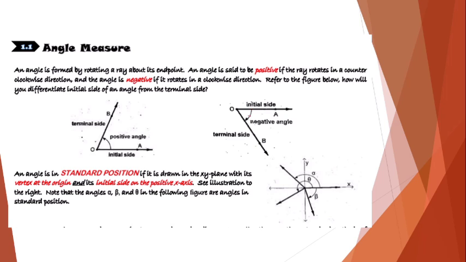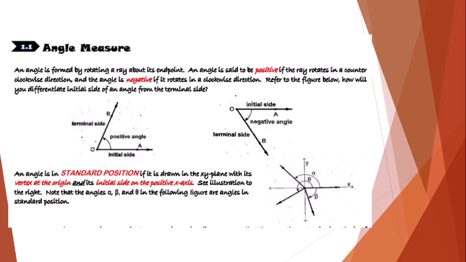Refer to the figure below. How will you differentiate the initial side of an angle from the terminal side? In a positive angle, the terminal side is upward. In the negative one, it goes downward.